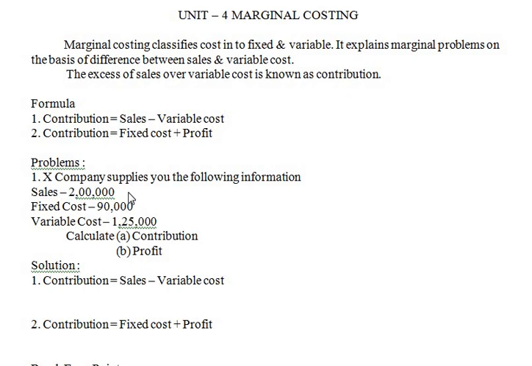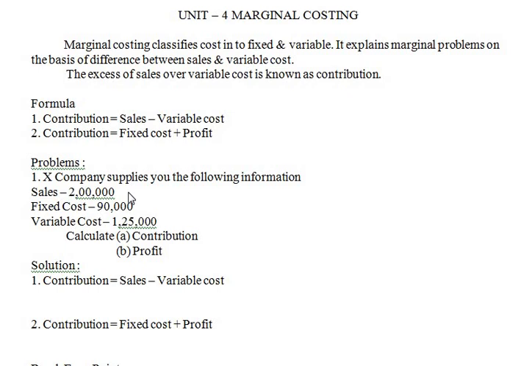Another formula to calculate contribution: contribution is equal to fixed cost plus profit. Suppose sales and variable cost are not given in the problem, but they have given fixed cost and profit, then you will have to apply the second formula.